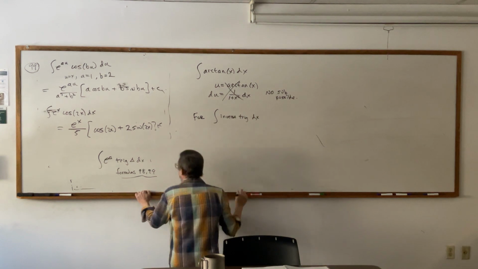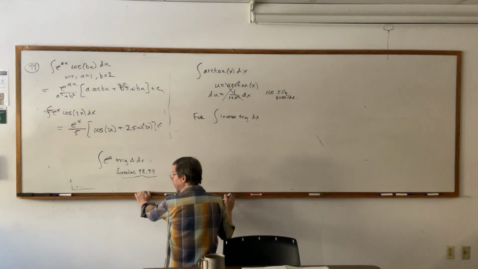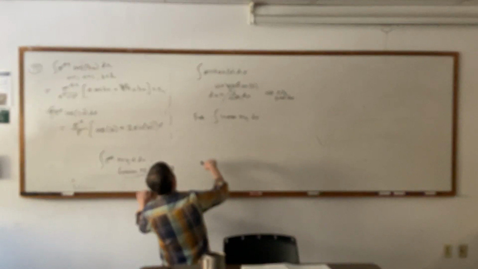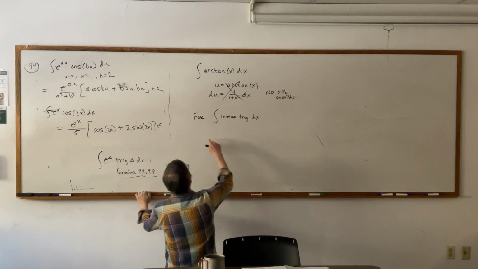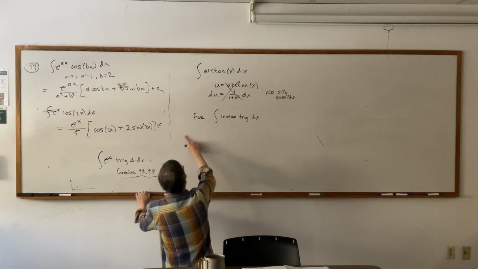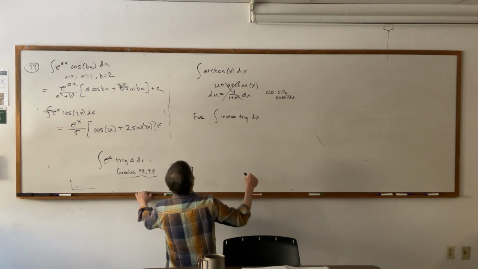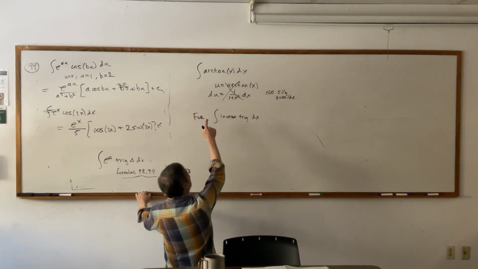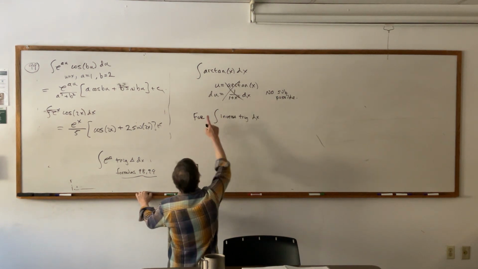Well, one answer is to look it up in the table, and I bet you can actually find formulas for this in the table. But let me show you how they got that formula. It's much better to be able to fish than just have to buy your fish, right? Somebody said that a long time ago. We should know that in the school that we're in. So here's the trick.